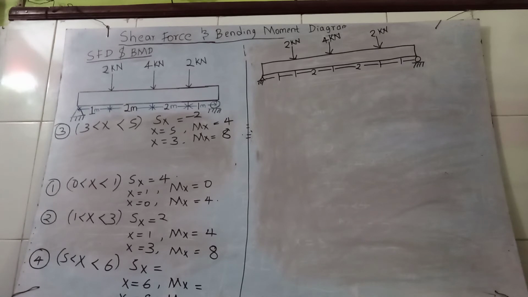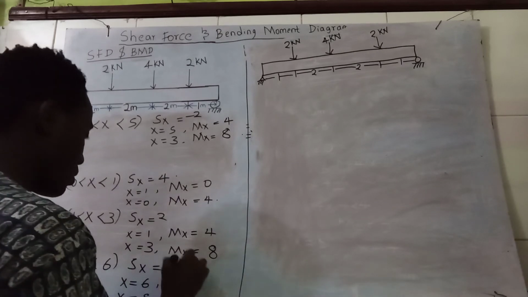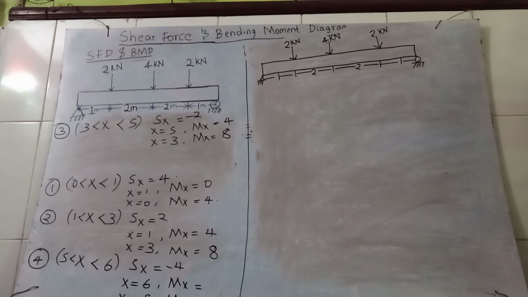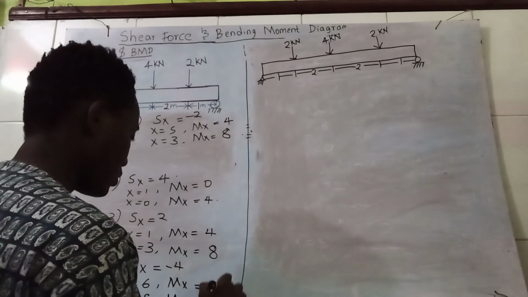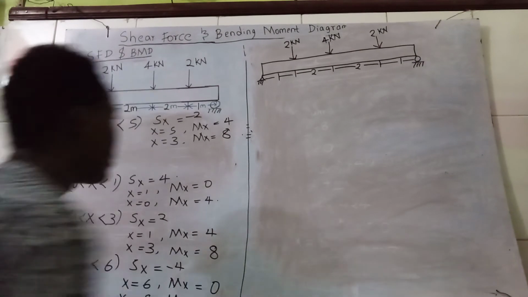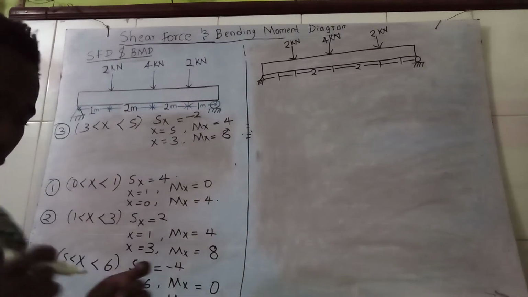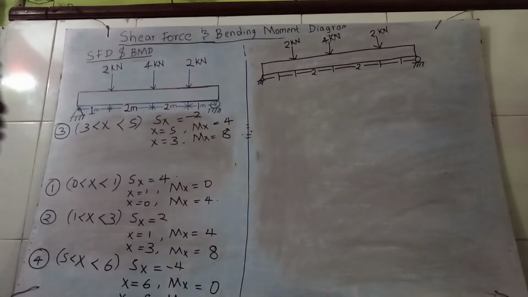So the shear force negative 4, at my point 6, 0, and 4. So double check and make sure you have that.